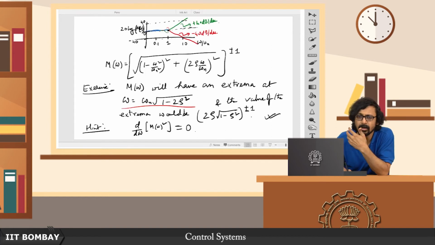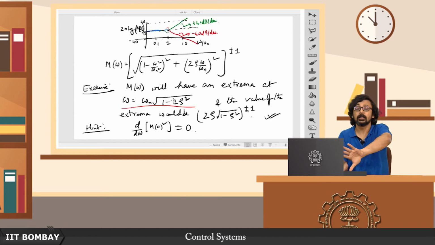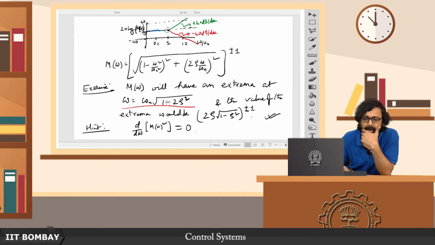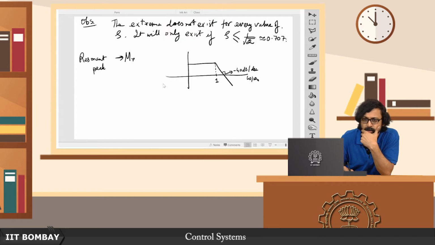But where does this peak occur? The peak occurs before the break point, that is omega n. Here omega by omega n is clearly less than 1 at this point. So therefore this peak occurs before the break frequency. If I am to draw this for the pole, and you can draw this similarly for the zero, it's just the other way around, so there will be a trough.